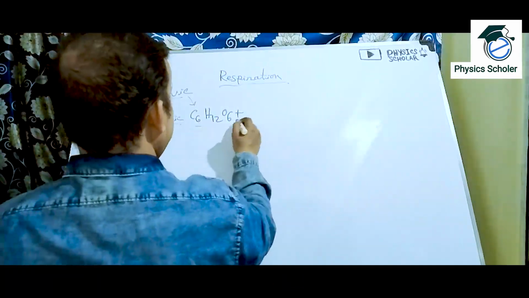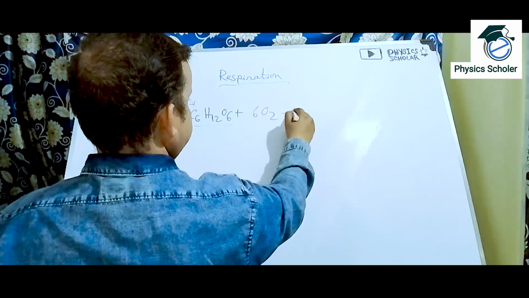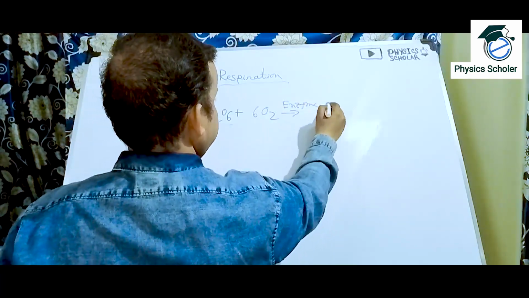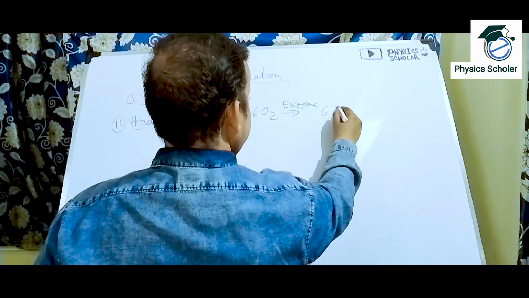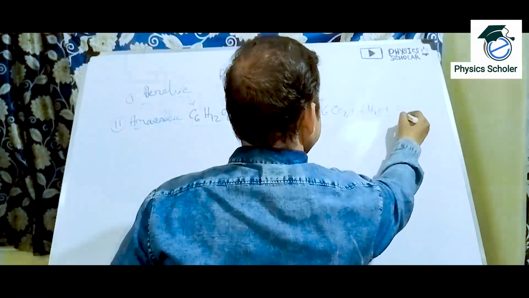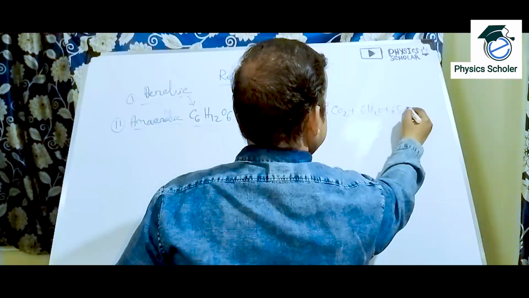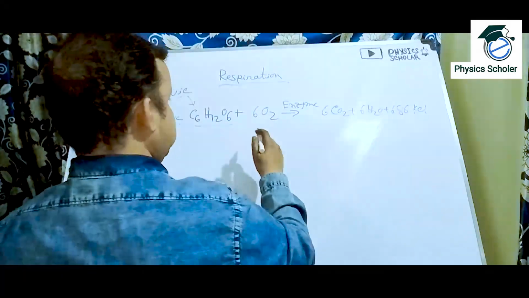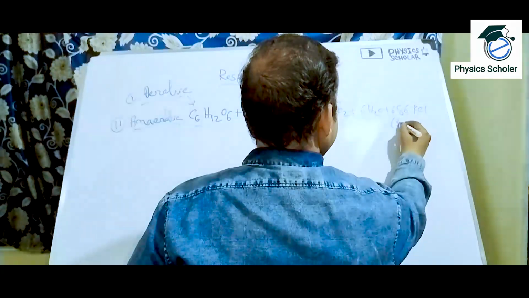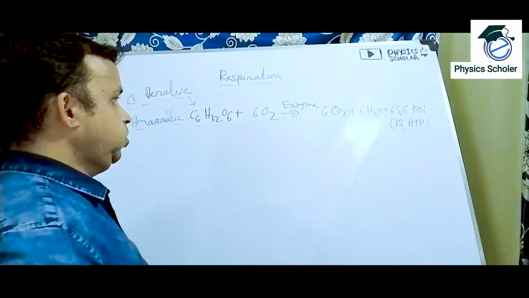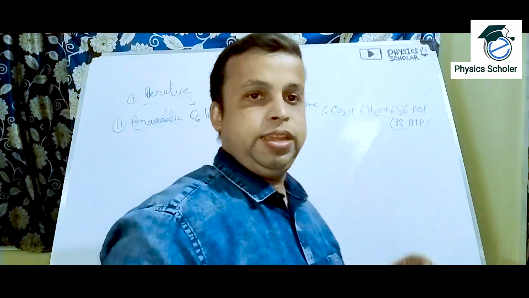So especially glucose, with enzymes, will produce 6CO2 and water, and per gram mole of glucose, 38 ATP will be generated.